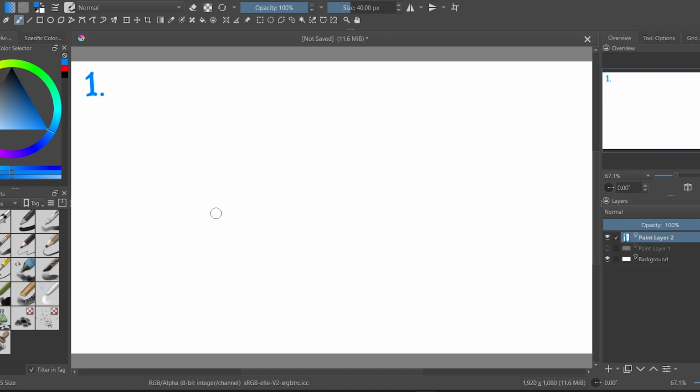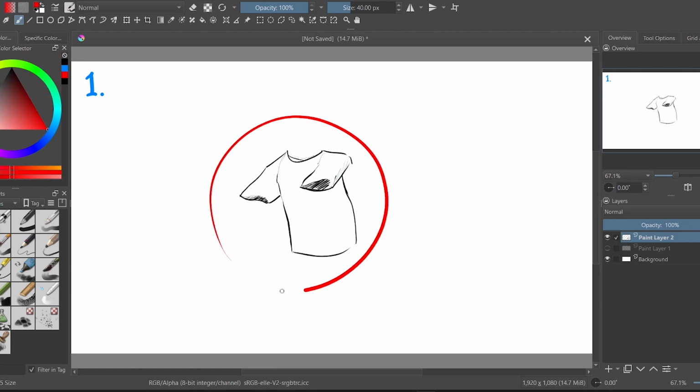Now, when we talk about cloth, I want you to approach cloth not as a solid object. So when we think of, let's say a t-shirt, I think it's very easy to look at a t-shirt as a single object. Obviously, it makes perfect sense that we would consider a t-shirt as a single object, right?